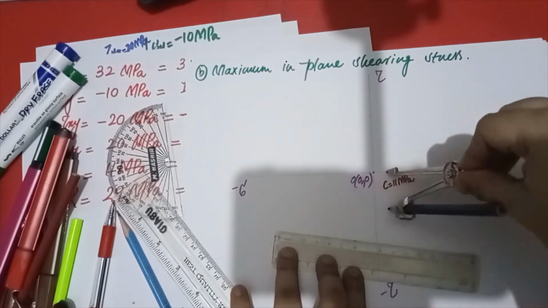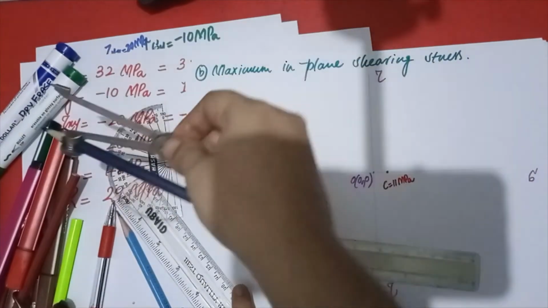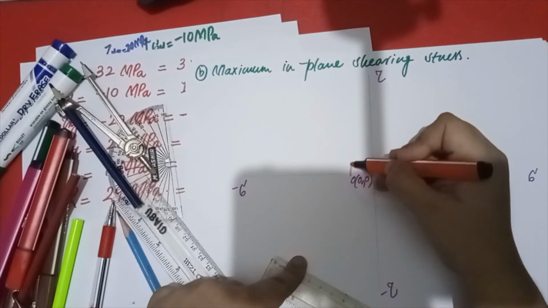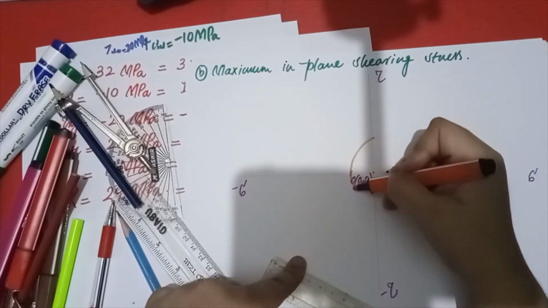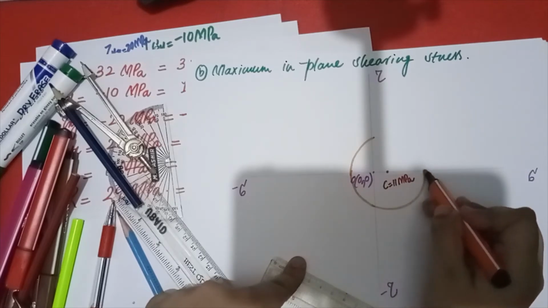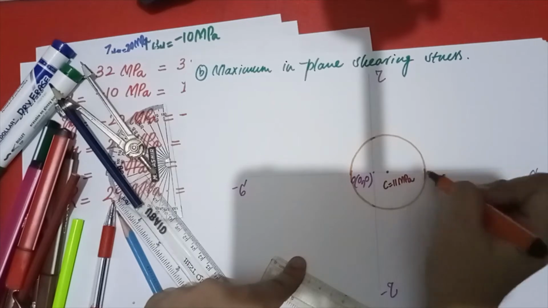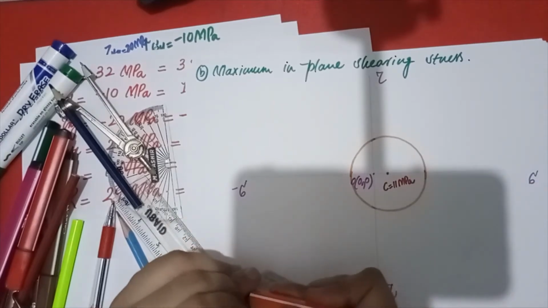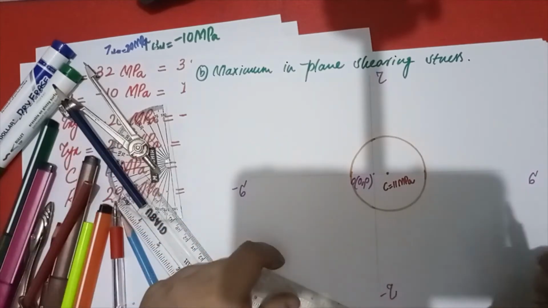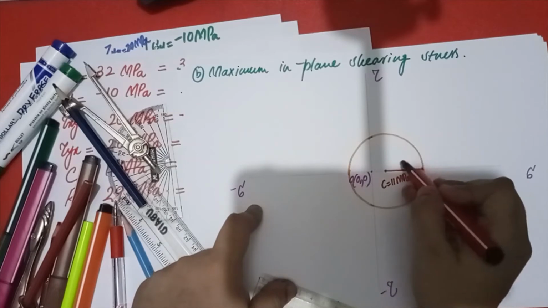This will be like this. Now this is the circle. This one, I am going to mark R. Okay, this is R, you know that.